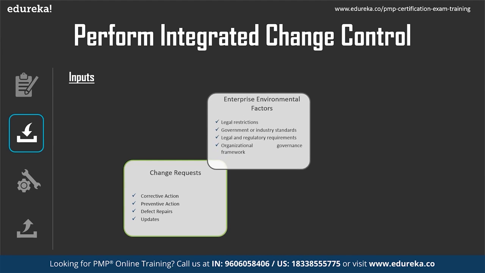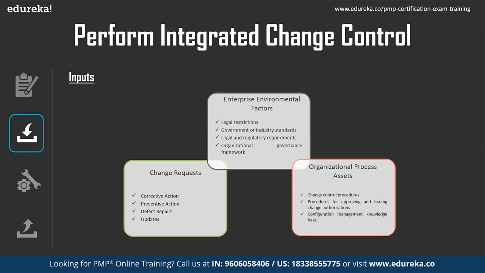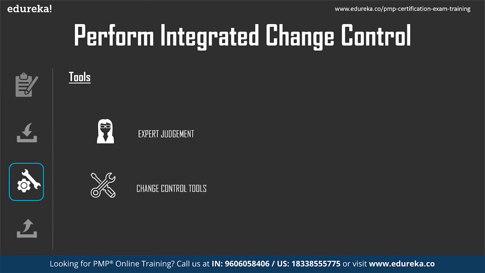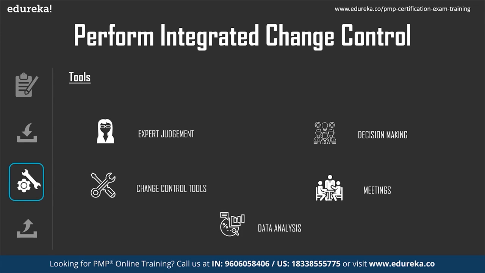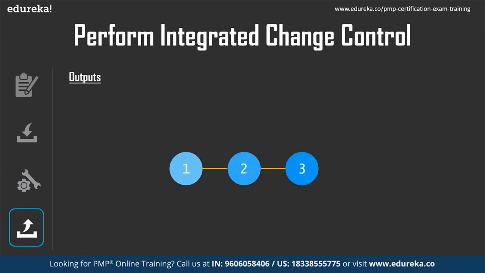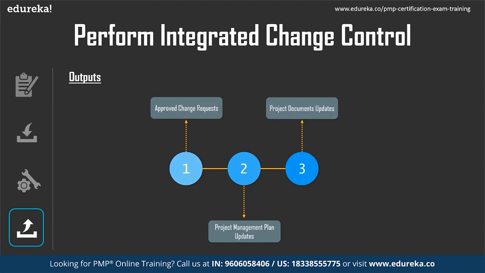Then enterprise environmental factors and organizational process assets. The tools used as part of perform integrated change control would be expert judgment, change control tools, decision making, meetings, and lastly, data analysis. The outputs of perform integrated change control would be approved change requests, project management plan updates, and project documents updates.